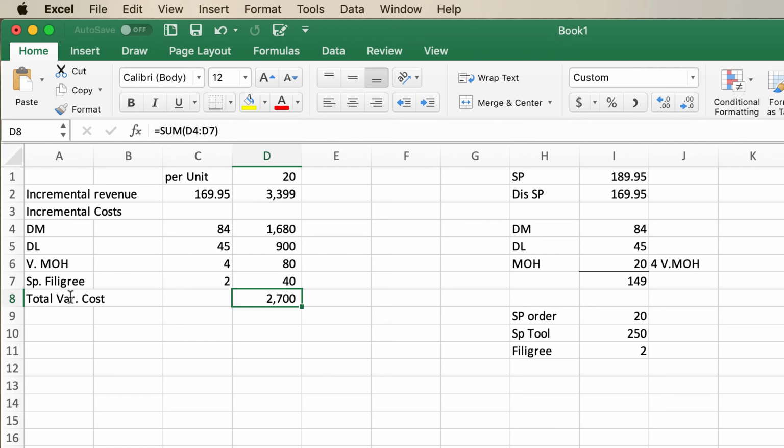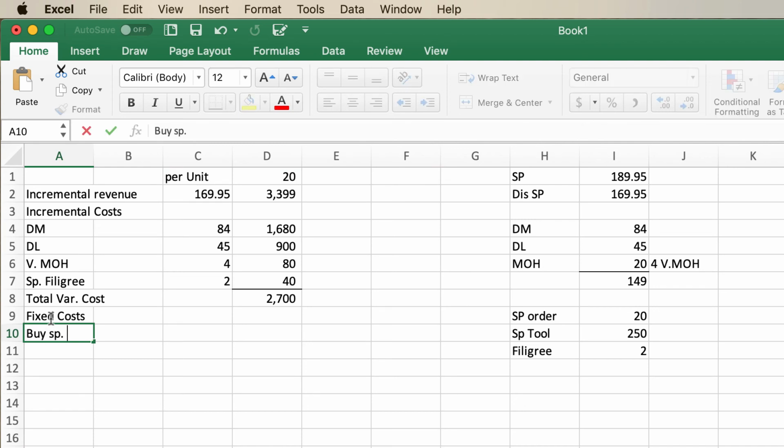Okay. However, we do have a fixed cost associated with this special order. Remember, we have to buy that tool, right? That special tool. So we'll just say buy special tool, which is $250.